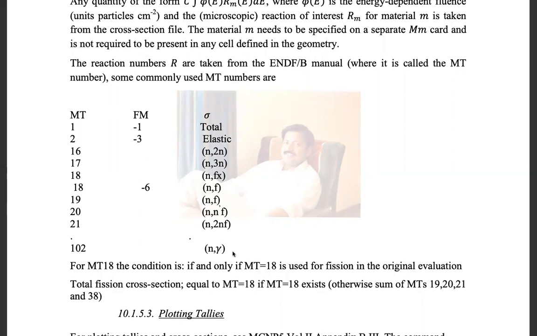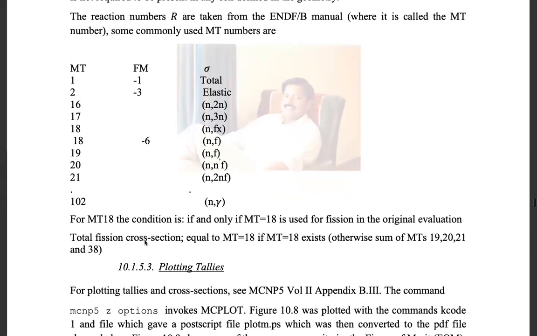Okay, then there's a very interesting reaction called the radiative capture. That is (n,gamma), where the neutron disappears, the neutron gets captured, and the gamma comes out. So, for example, for MT18, if you were to use it, then the condition is that if and only if MT equal to 18 is used for fission in the original evaluation.